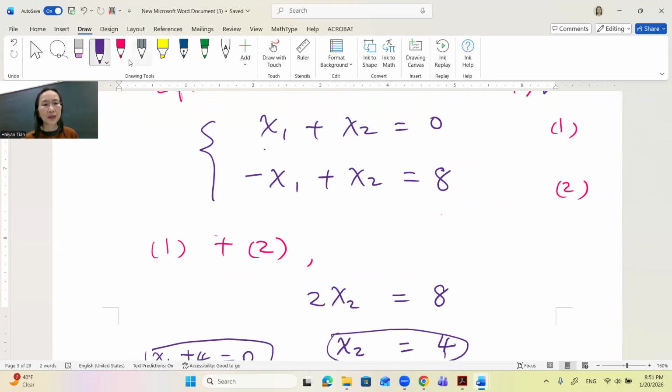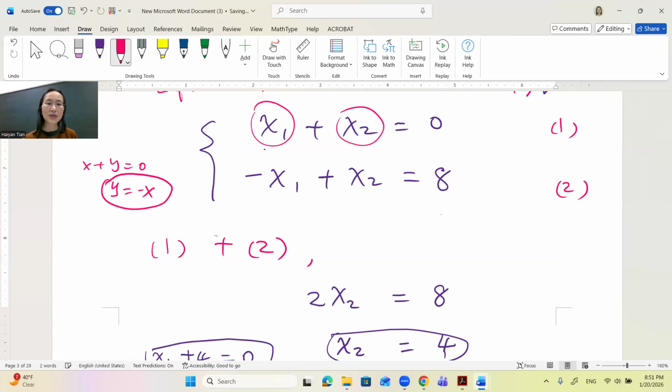For this first equation, if you want to think of it in terms of x and y, that's actually x plus y equals 0. If those are the names you're more familiar with, you can view it this way. So y is negative x, the line with a slope of -1.